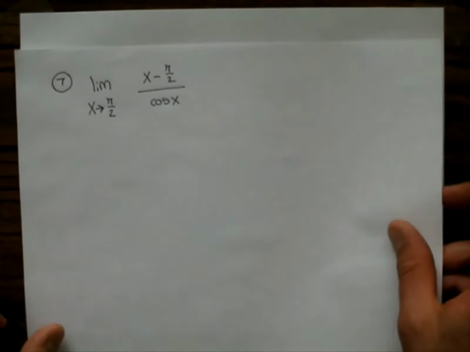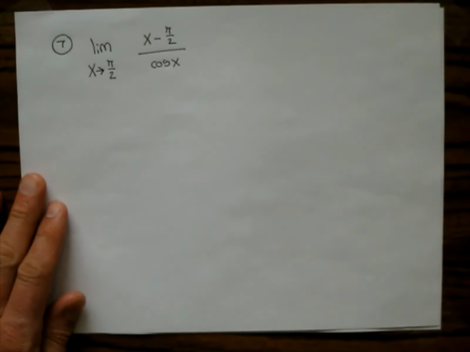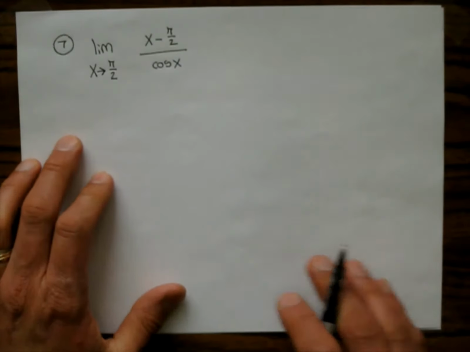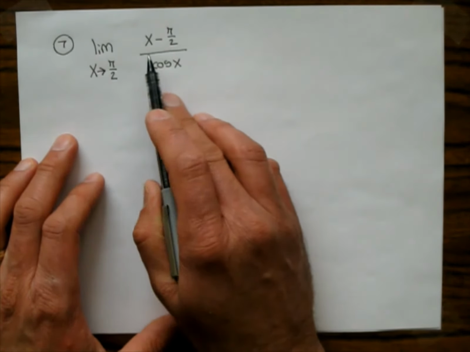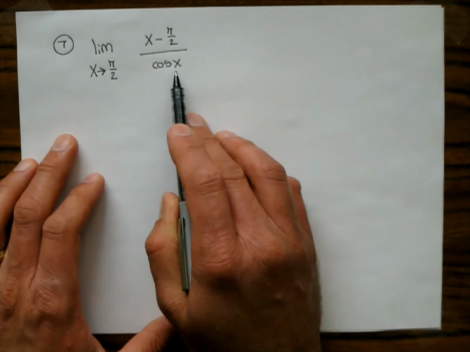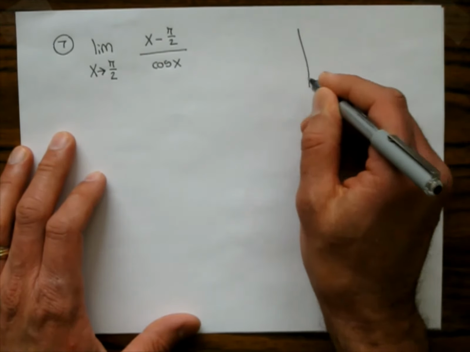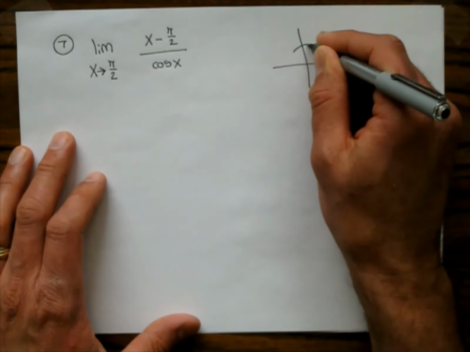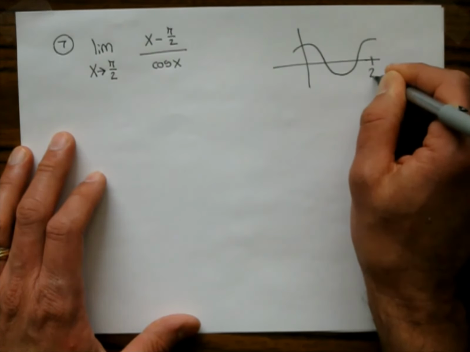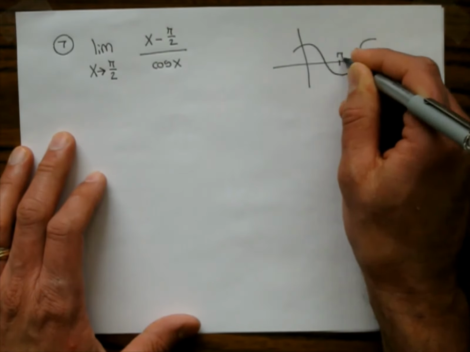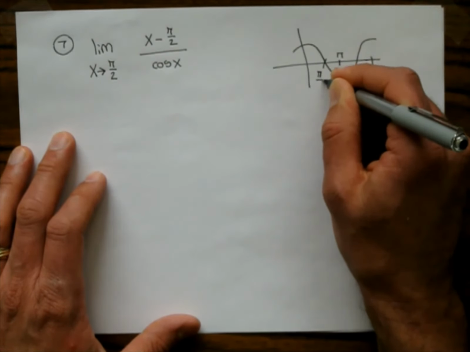I'm going to do one that has some trig in it. So this has a little trig in it. And we have the limit as x approaches pi halves of x minus pi halves over the cosine of x. Now if you remember the cosine graph, it looks like this. So these are graphs worth remembering. It does a full cycle in 2 pi. Here's pi, and here is pi halves.